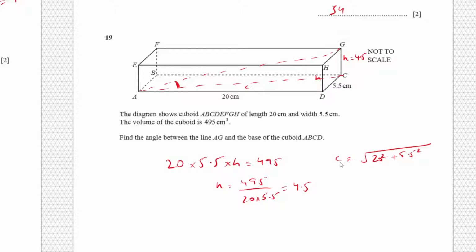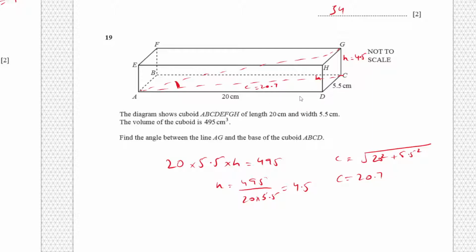Square root of 20 squared plus 5.5 squared is going to be 20.7. We can say that, right? C equals 20.7. If you want, you can write a few more decimal places, and your answer will be more accurate if you do, but you don't need to really. 3 significant figures are enough.